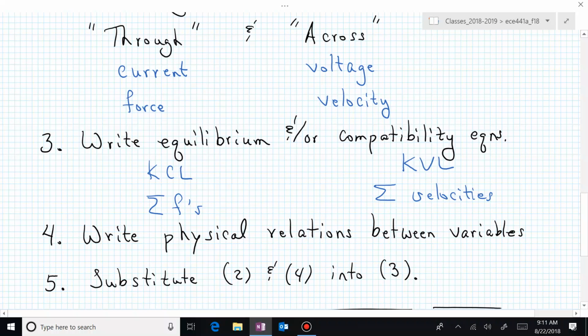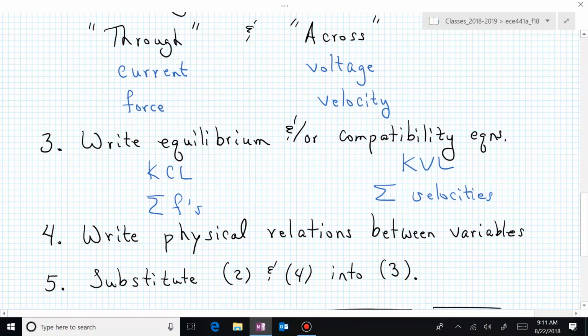F equals ma is one that we will use for the inertial force. That might be a new way of looking at mechanical systems for you that you haven't really thought about before. The spring force, do you remember what that is? What happens with a spring?